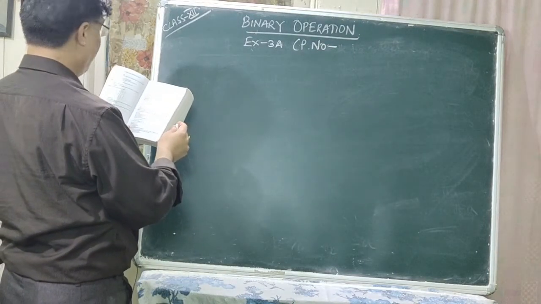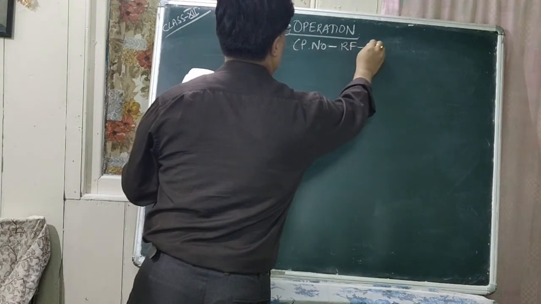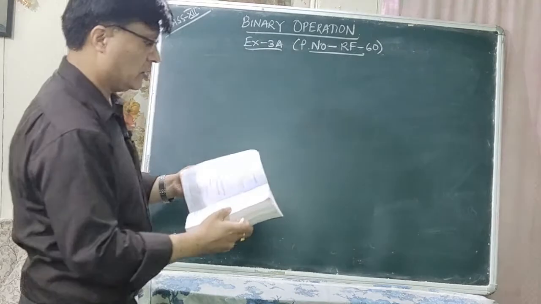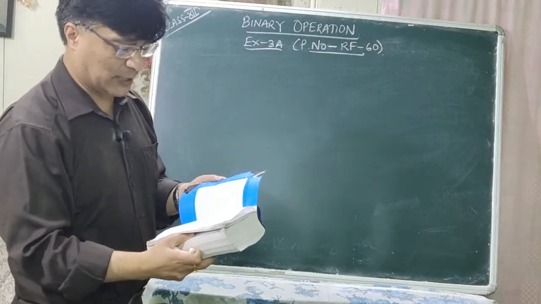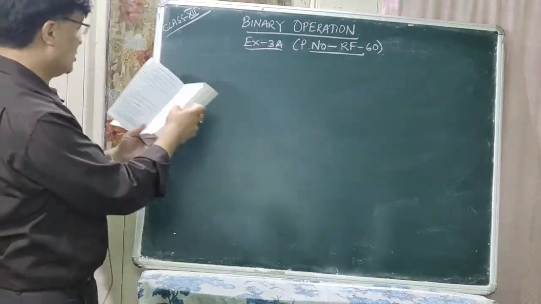This is RF 60 from this book, Senior Secondary School Mathematics for Class 12 by R.S. Agrawal.